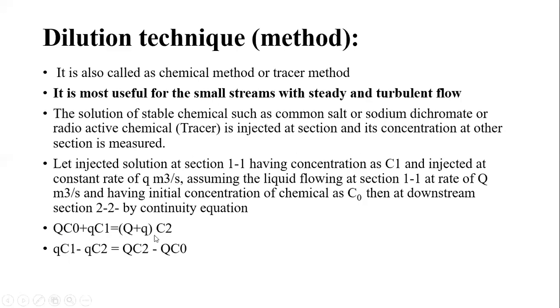So q into C1 minus q into C2. The q into C2 on the right-hand side, when taken to the left-hand side, becomes minus q into C2. That equals Q C2, the capital Q into C2, as it is, minus this term, Q into C0, that is Q C0.